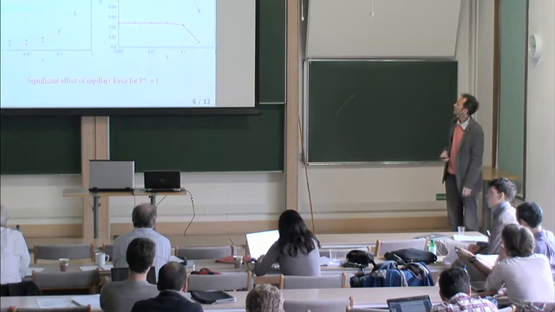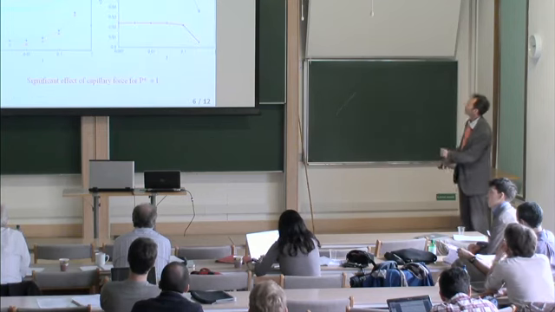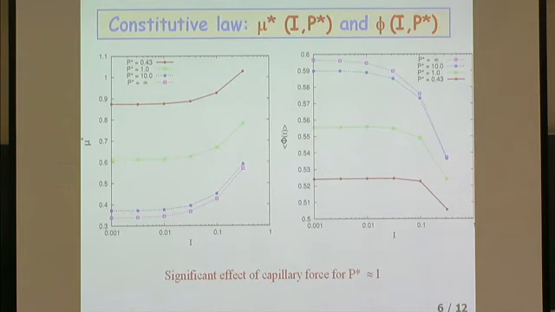The constitutive laws which have been measured are shown in those graphs. So we see the usual increase of mu star as a function of I and decrease of phi as a function of I. The important thing is that you have a strong increase of mu star and a strong decrease of phi when the reduced pressure decreases.